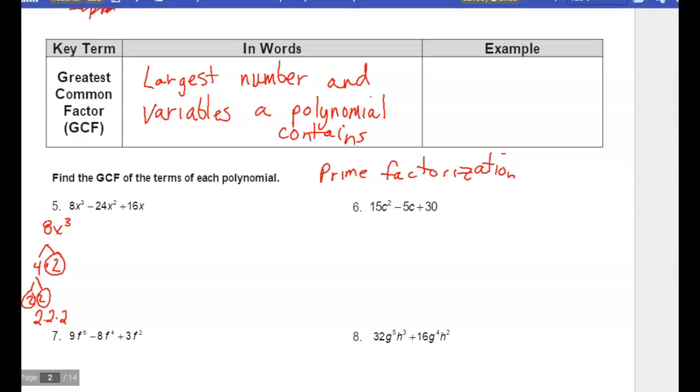Now how do I break the x cubed down? Well, that's just simply x times x times x. If I combine those all together, I would get x cubed. Then I can do this again on the 24x squared. And actually, ignore the negative for now.